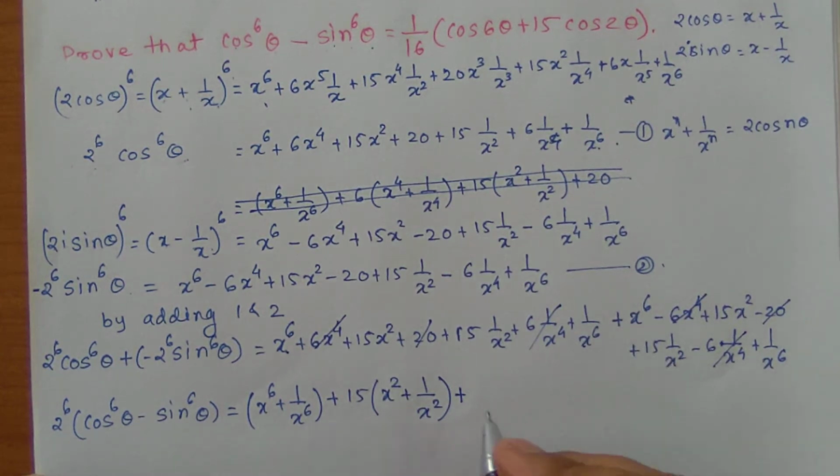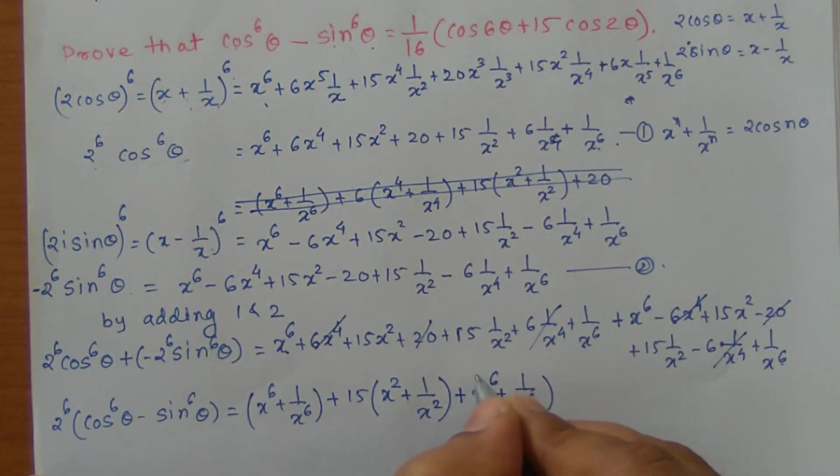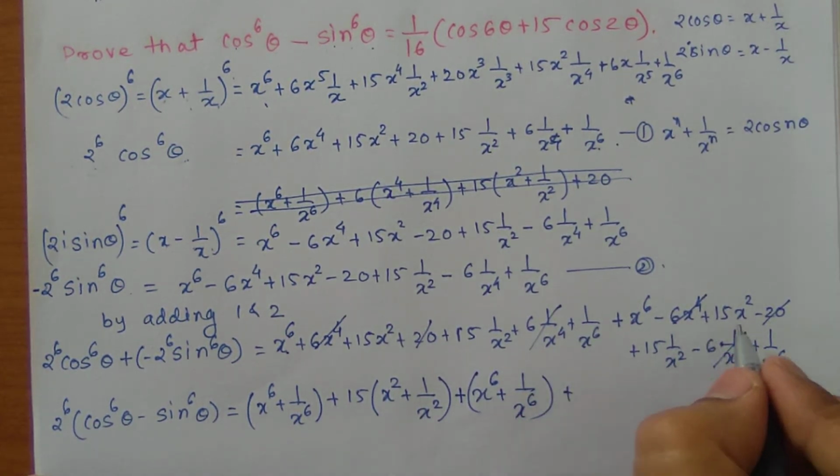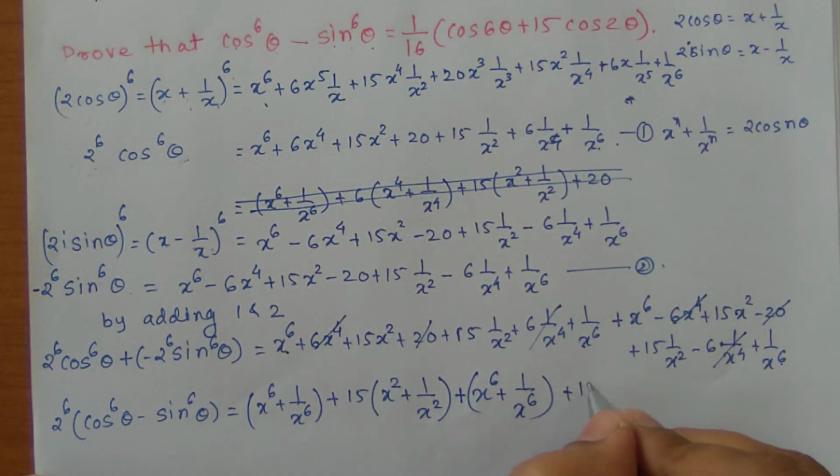Plus, now for this, x raised to 6 plus 1 upon x raised to 6, again from these two, 15 x square plus 1 upon x square.